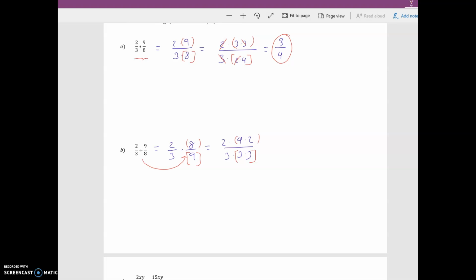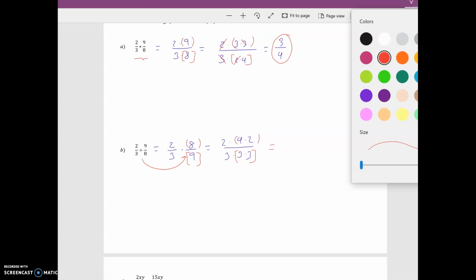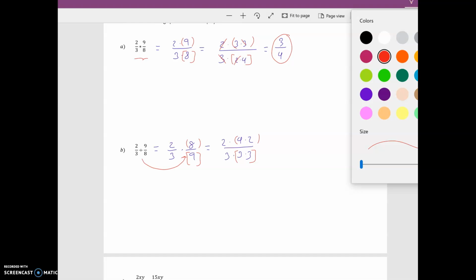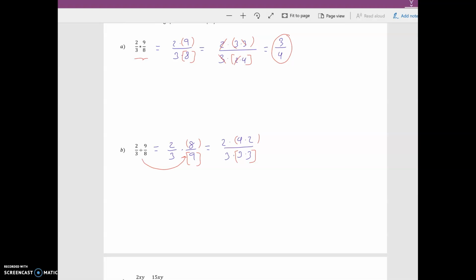There's no same value on the top and the bottom that will cancel out. So our final answer for this one, we're just going to end up with the following. The top just happens to be 16, divided by the value of 27.